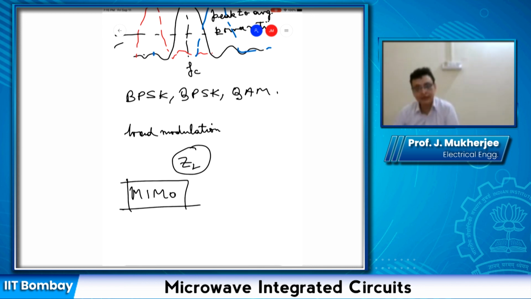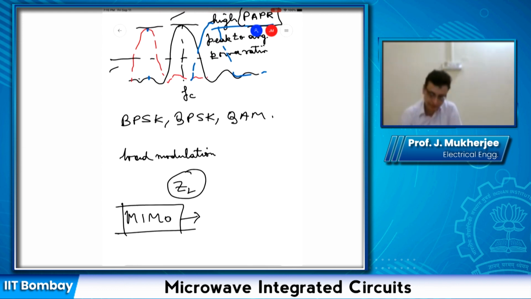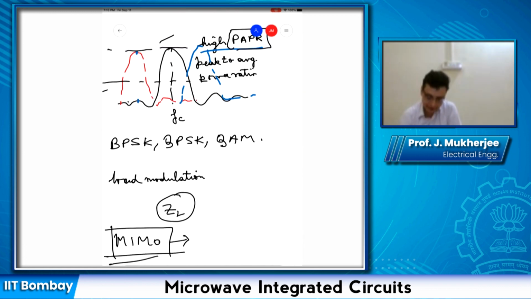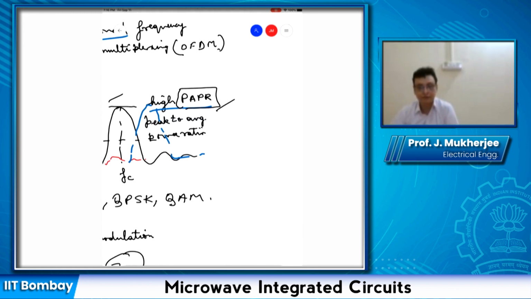So the receiver itself will not have just one input, it may have inputs from multiple antennas, and to process that signal and ultimately derive what the information carried is, that is another challenge that is faced in this 5G. So these are two major design challenges for 5G. One is MIMO and the other is this high peak to average power ratio.